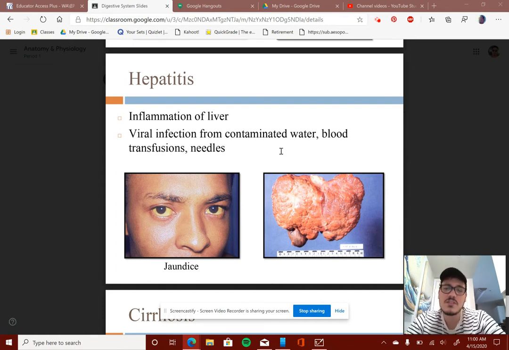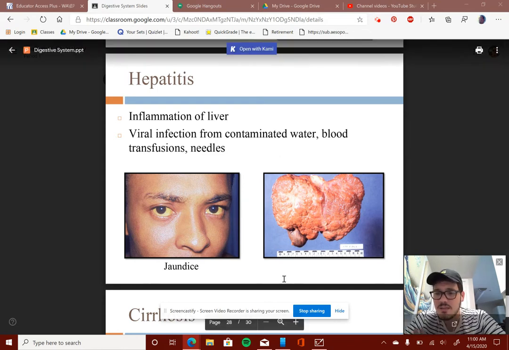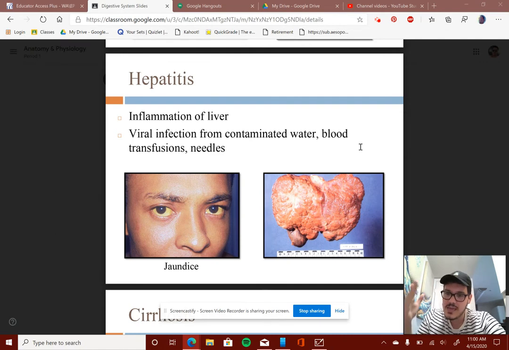Blood transfusions were a big issue in the 60s and 70s, especially. Take, for instance, tattoo parlors. Tattoo parlors had to get more restrictions and guidelines for safety because there were some parlors, definitely not all of them, that were getting away with using the same tattoo guns on multiple customers.